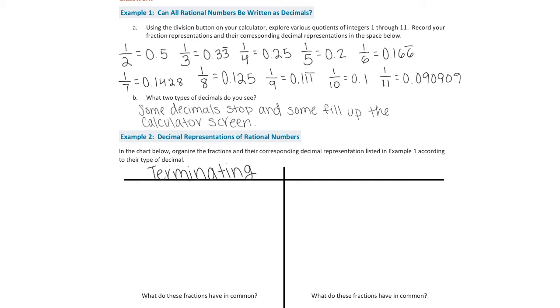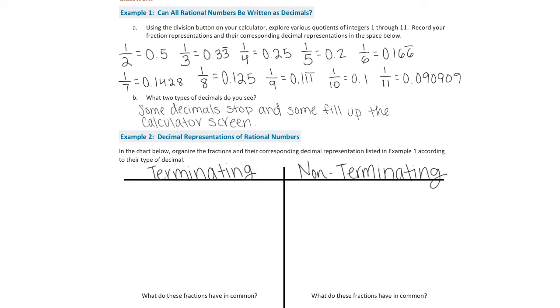And on the right side, we're going to have non-terminating. Now let's go through our decimals from example 1 and categorize them whether they are terminating or non-terminating.